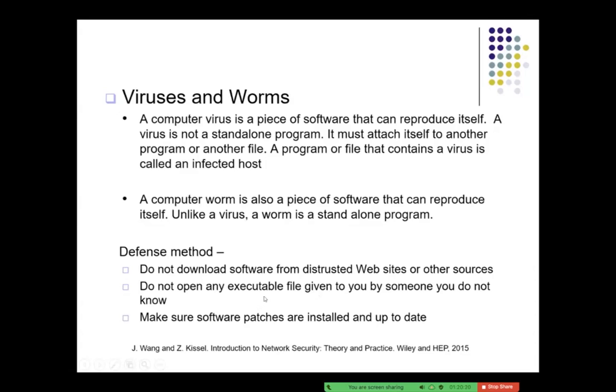Do not open any executable files given to you by someone you do not know. Make sure software patches are installed and up to date. And use virus scans to scan your systems once in a while to make sure none of your programs and files are infected.